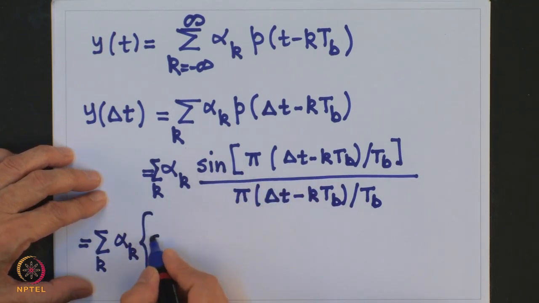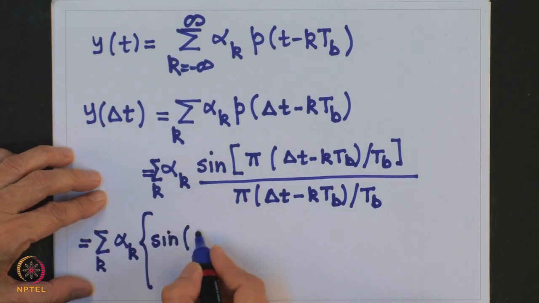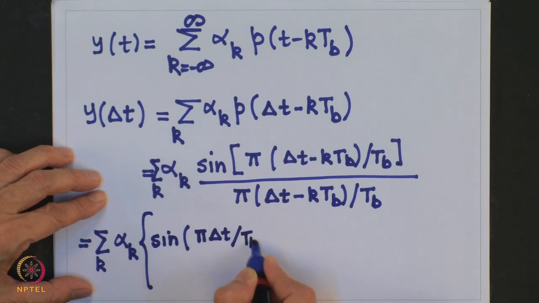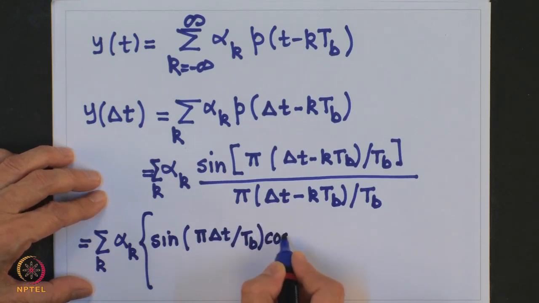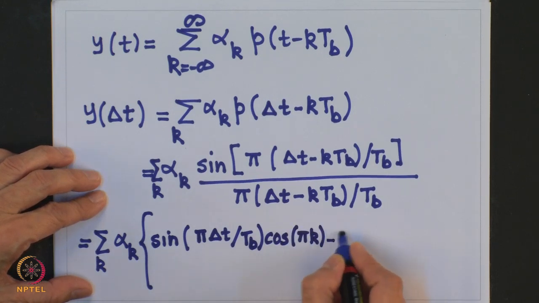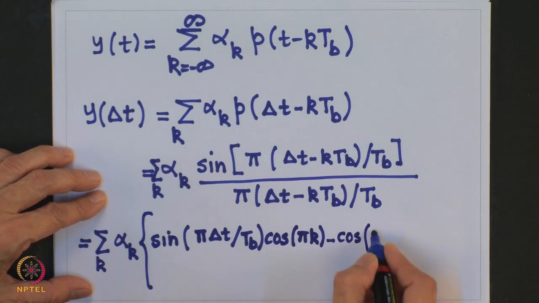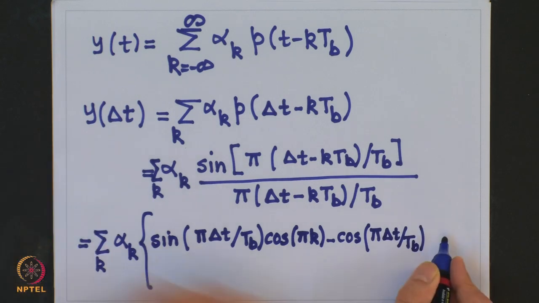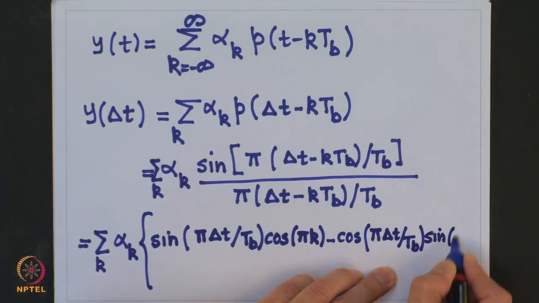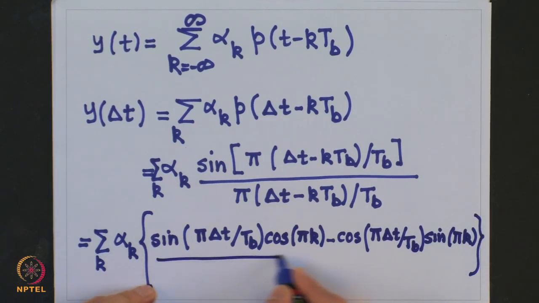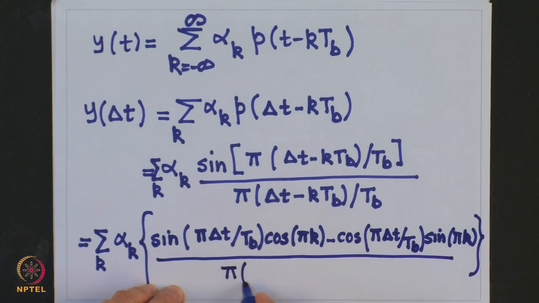Let us expand this: minus cos of, sine of pi k, whole thing divided by pi times delta t minus k.